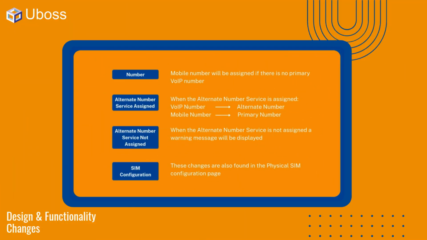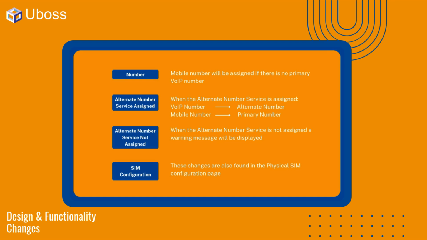For our mobile first service, the following changes have been made for the handling of numbers. If the user does not have a VoIP number, the mobile number will be assigned as the main number for the user. If the user has a VoIP number, the system will check whether the alternate number service is assigned.